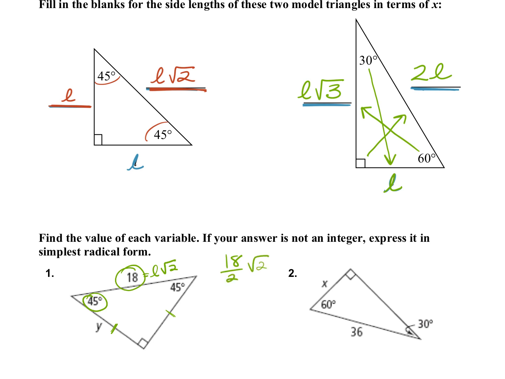We divided by 3, and we multiplied by rad 3. It's the same process. It's just a different number that you're setting it up with, okay? So this is 18 divided by 2, which is 9, times the square root of 2. So this is 9 times the square root of 2.